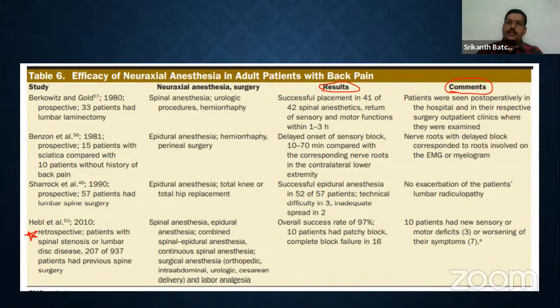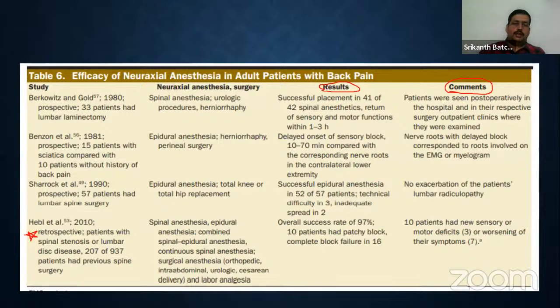One is the technical difficulty, because post-laminectomy, as we all know, identification of landmarks is very difficult, and because of the epidural adhesions, threading the epidural catheter is very difficult. Also, because of the same epidural adhesions, there will be patchy blockade with epidural anesthesia. That is the inference of most of the studies, but they found that in almost 90% of the patients, you can happily and successfully place a good neuraxial block.